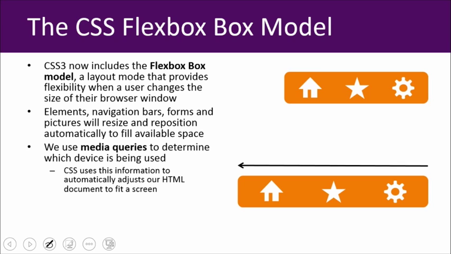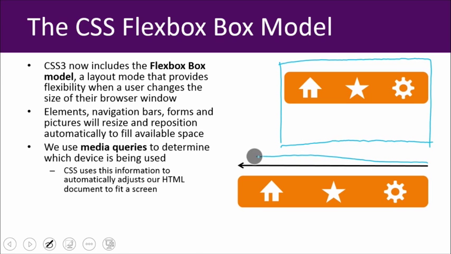It's really hard. The flexbox box model is a layout mode that provides flexibility when a user changes the size of their browser window. So you might start off with a browser window that's, I don't know, however many pixels wide this box is that I just drew. Well, if we expand the size of that window, sometimes we want our content to expand in order to fill it as well.